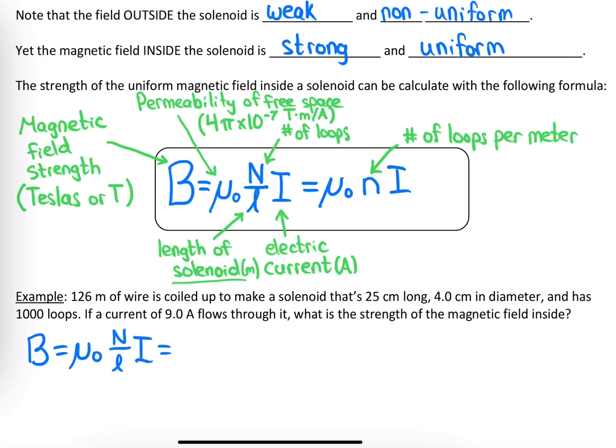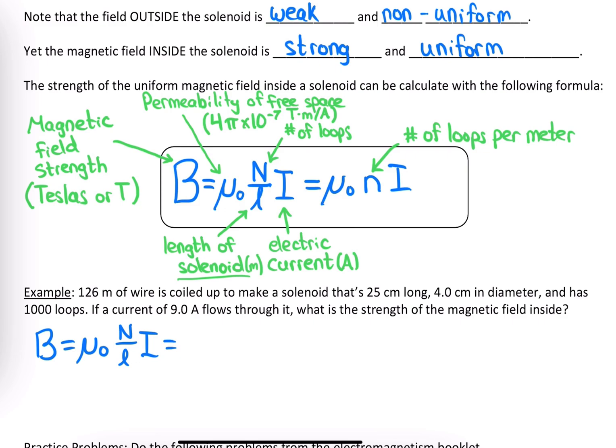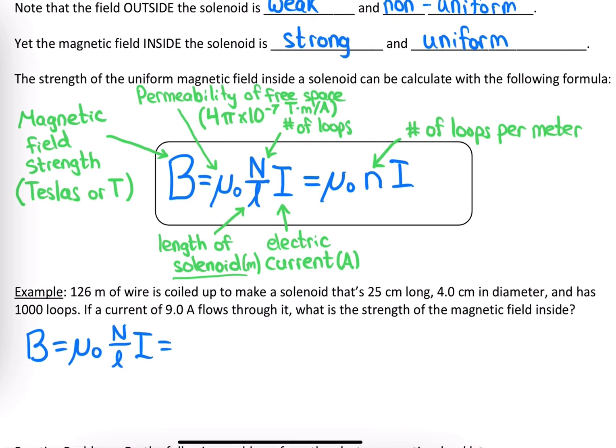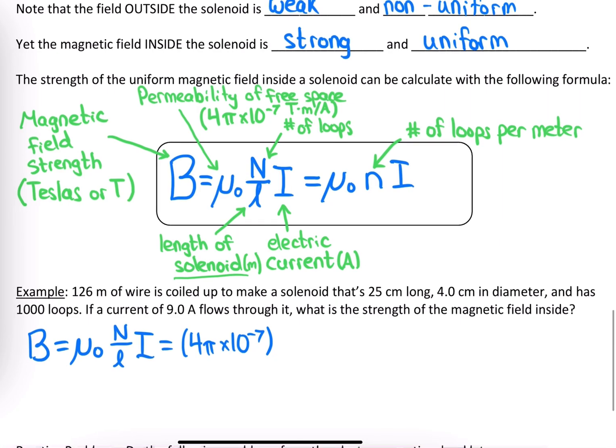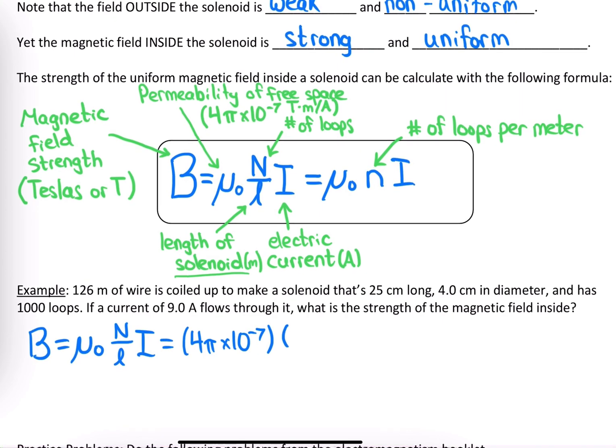Okay, so first of all, I'm going to put in mu naught. Then I'm going to put in N, the number of loops, which is 1,000. Then I'm going to put in L, the length of the solenoid.